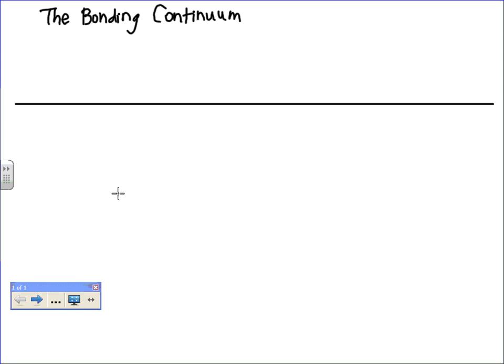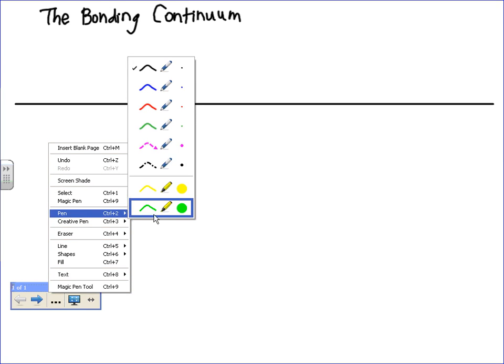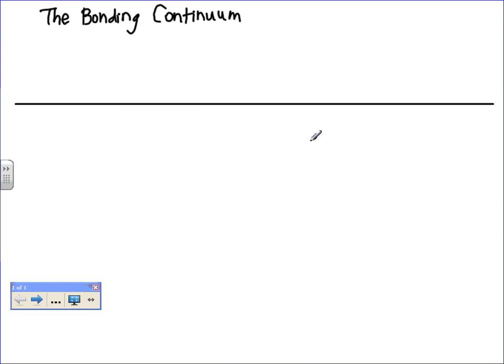So the ionic bond is type 1, and it's one extreme. Okay, and then at the other extreme, we've got the covalent bond. Okay, now I'm intentionally leaving space below the titles here. Okay, we'll fill that in later.